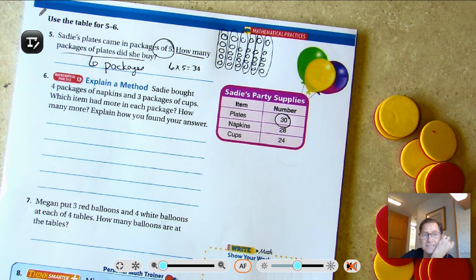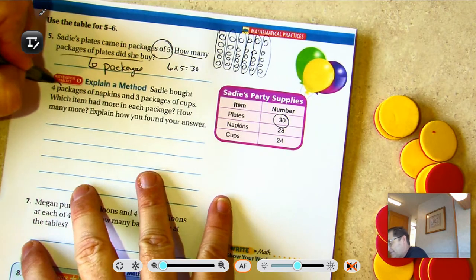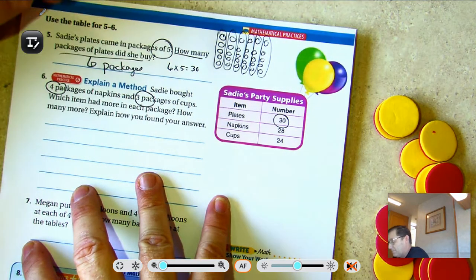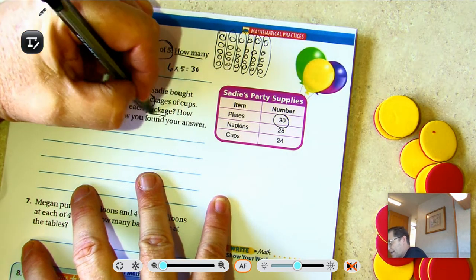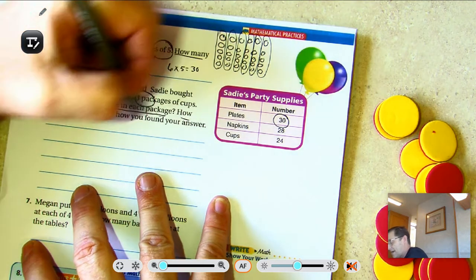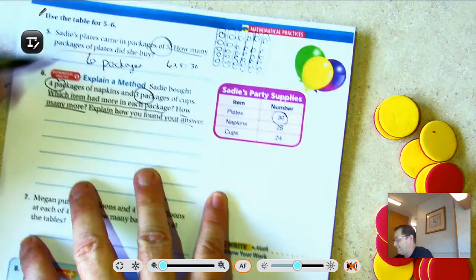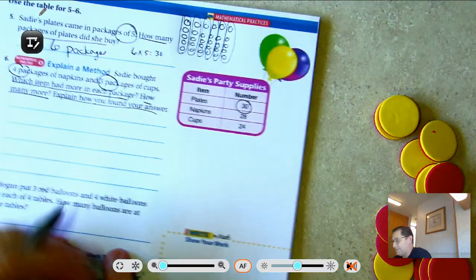Sadie bought 4 packages of napkins and 3 packages of cups. Which item had more in each package? How many more? And explain how you found your answer. 4 packages of napkins, 3 packages of cups. So there's 28 napkins.